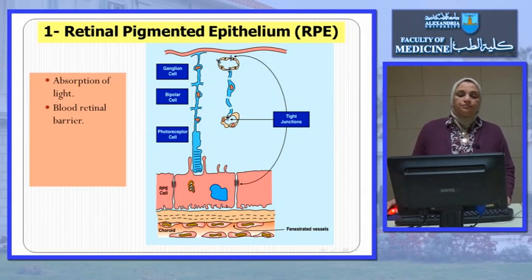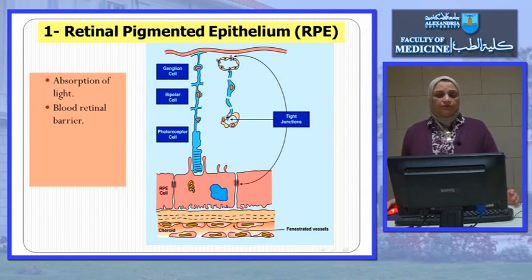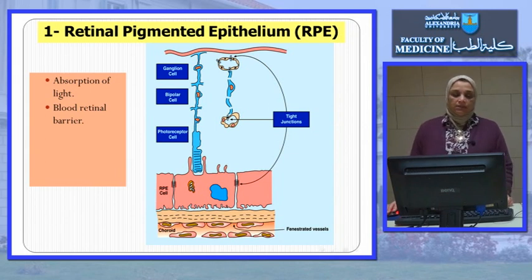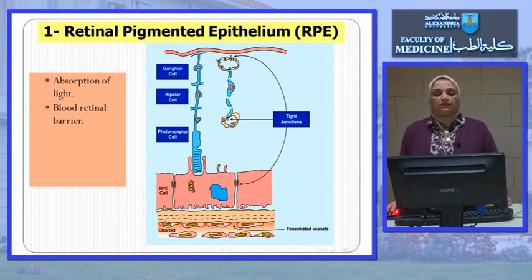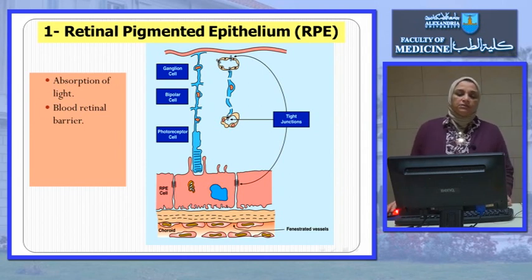Also, there is another part of the retinal barrier. This is part of the blood retinal barrier. Remember, we have the blood aqueous barrier, and now we have the blood retinal barrier, and it is formed of two components. One of them is the tight junctions between the retinal pigmented epithelial cells. The second one is the tight junctions between the endothelial cells of the capillaries, which are present mainly in the ganglion cell layers or among the layers of the retina.